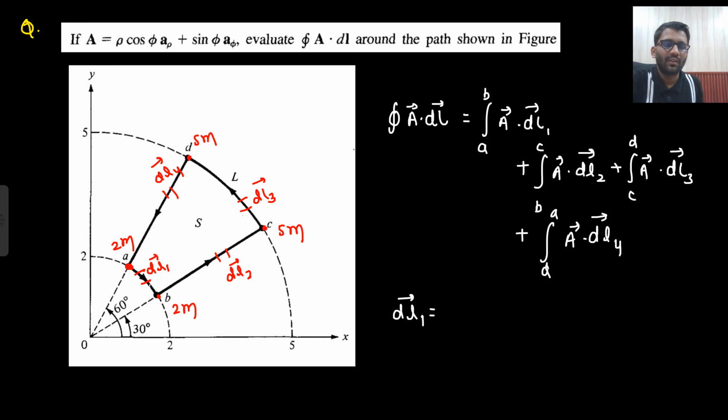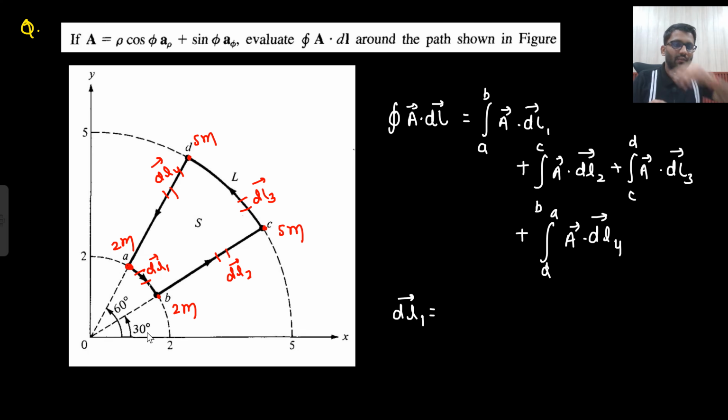Forget about Z. What is changing then? Phi is changing. At point A, phi is 60 degree, and at point B, phi is 30 degree. And you are going from A to B, from 60 degree to 30 degree. So phi is changing. So what will be your dl? Rho d phi.